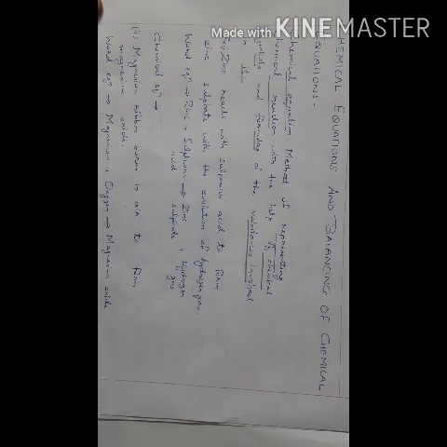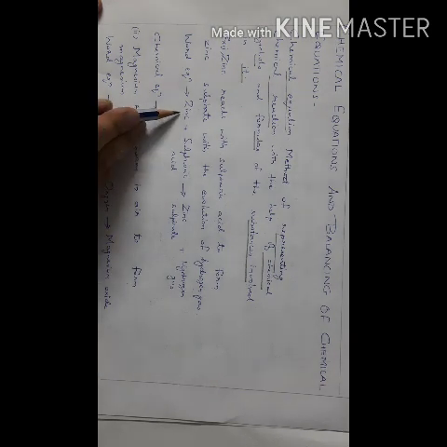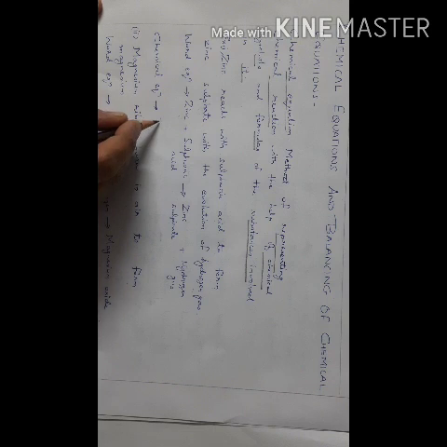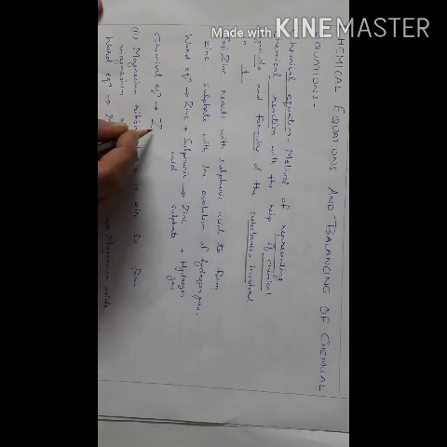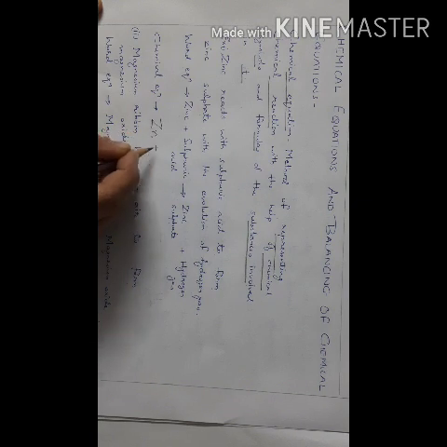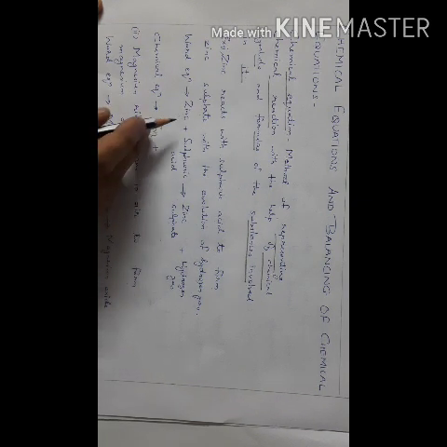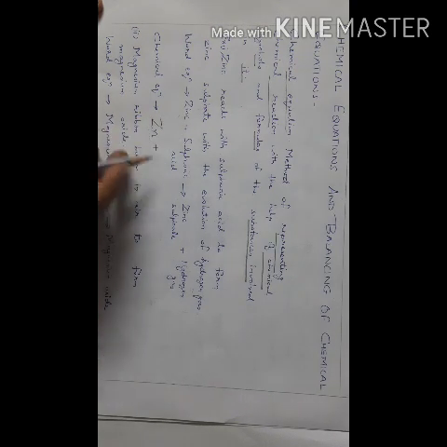I can make it more informative and easier if I represent this word equation in the form of a chemical equation, where I represent these elements or compounds with the help of their symbols or chemical formulas. For example, zinc has the symbol Zn.